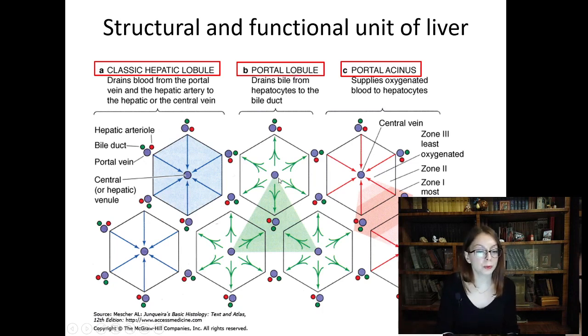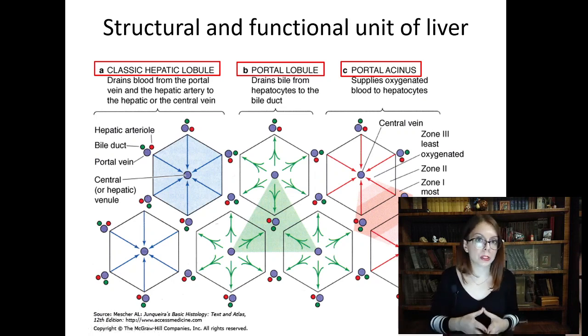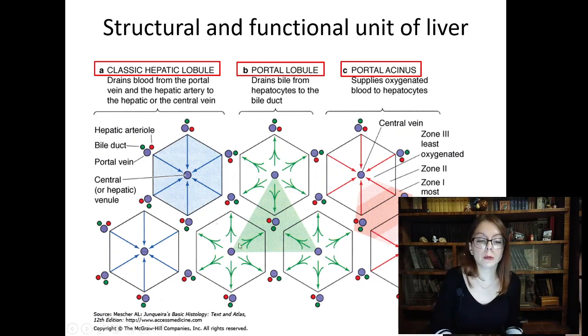The portal lobule is a conditional morphofunctional unit, which has a triangular shape, and it is located between the central veins, which are located at its corners, and in the center of the portal lobule there is a triad. So why is the portal lobule considered? Because here bile moves from the periphery to the center.